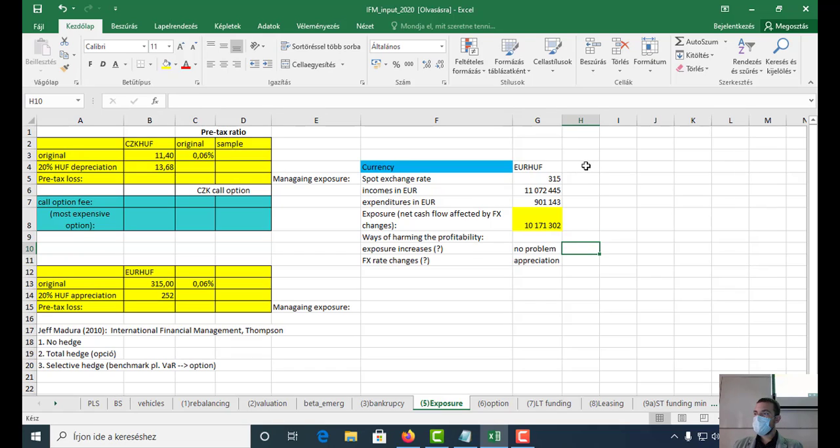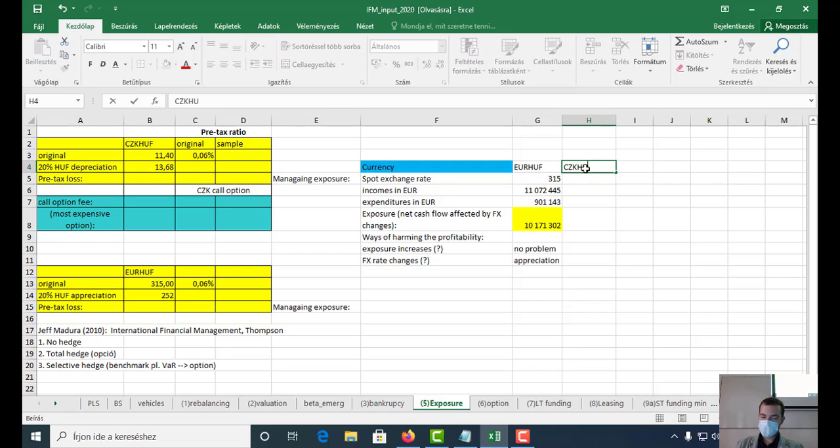But at the same time, if we think about the Czech koruna, CZK, which was 0.4 when the company or the case study was defined, then we know that incomes in FX. Let's change it.